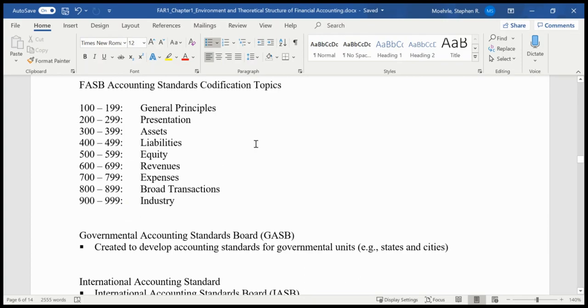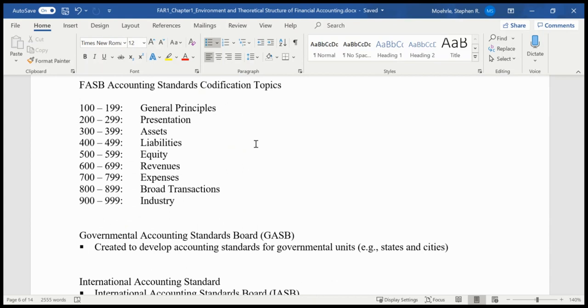Here are those codification topics. The 100s are the general principles. The 200s involve presentation of financial accounting information. The 300s involve asset accounts, accounting for the assets of the company. The 400s involve accounting for the liabilities of the company. The 500s involve accounting for the equity of the business.